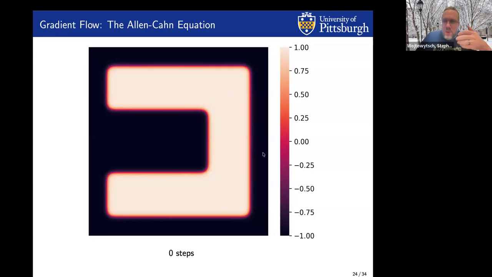This is a 2D example, compactly supported. This will just go away in finite time. But let's try and look how the Allen-Cahn equation makes this happen. So we see here, we started with relatively sharp corners. Those become a bit smoother. So the corners are being smoothed out.